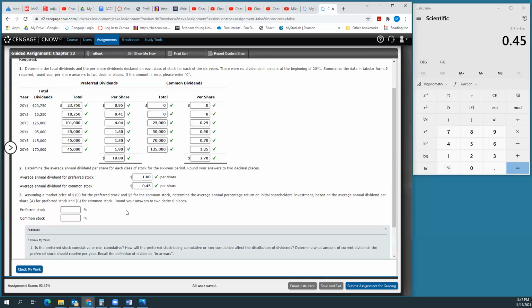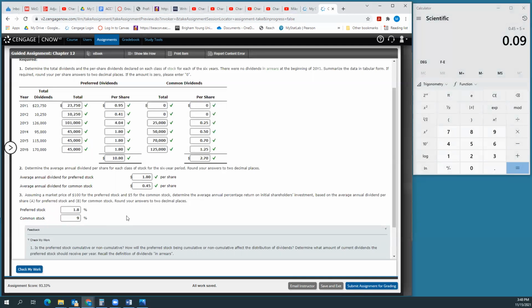So really what we're doing is we're going to take our average for the preferred, it was $1.80, and divide that by the market price of 100. So that's going to give me 1.8%. For the common stock, I'll take my average 0.45, divide it by the $5 price of the common stock, and that's going to be a 9% return.